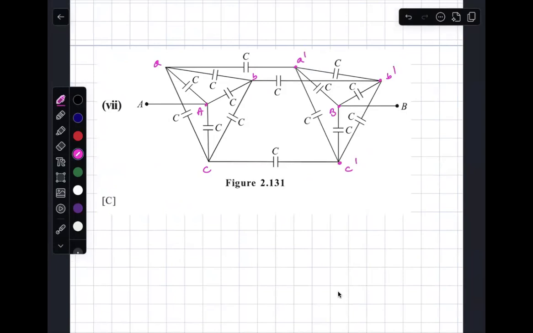Just tell me one step. Second step is your answer. Palvit. What is the axis of the circuit? Line AB. I identified.